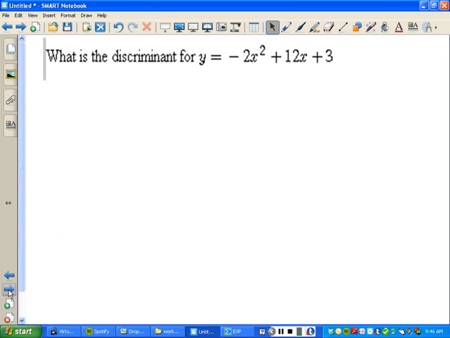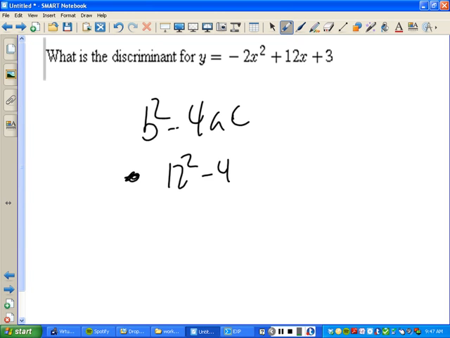All right, last one. What's the discriminant for this? What's the discriminant again? b squared minus 4ac. Okay. So b squared is 12 squared minus 4 times a times c.